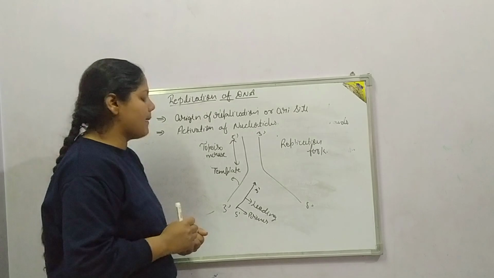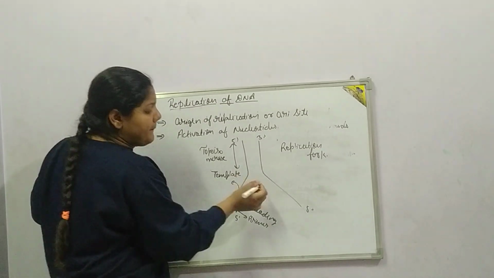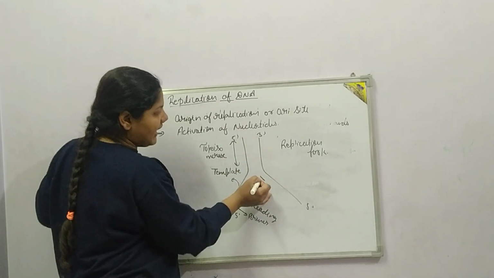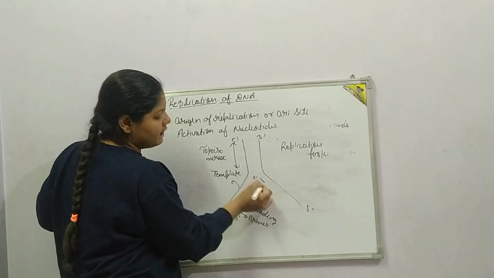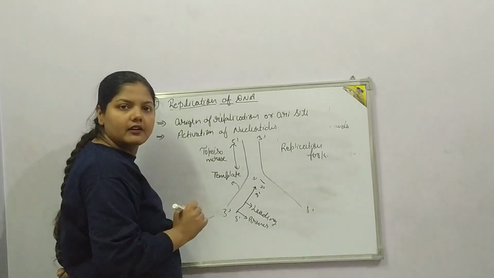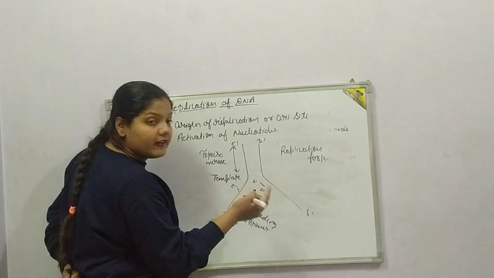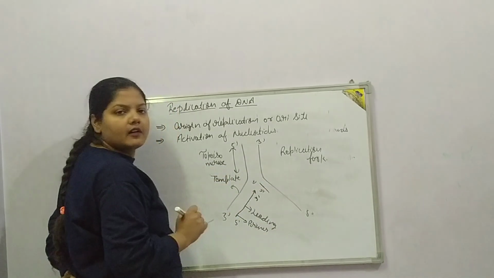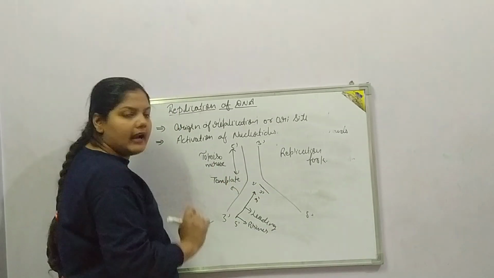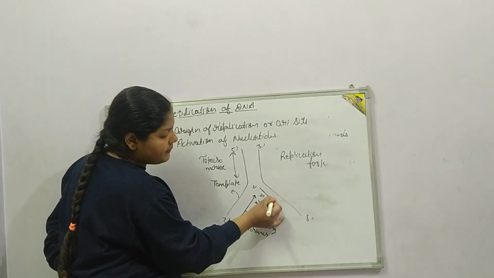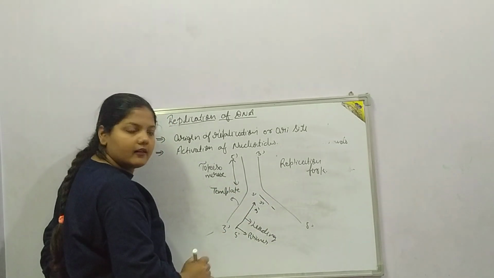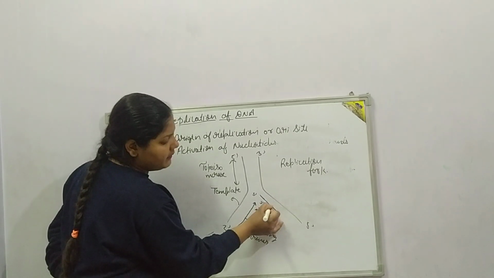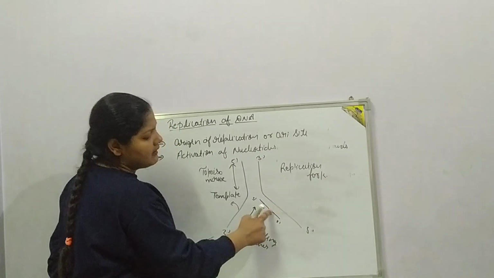So now what will happen? A primer will get added here, in the 5' to 3' direction. Then DNA dependent polymerase will come and add nucleotides here. Again a primer will come and stick here, and DNA dependent polymerase will start synthesizing.